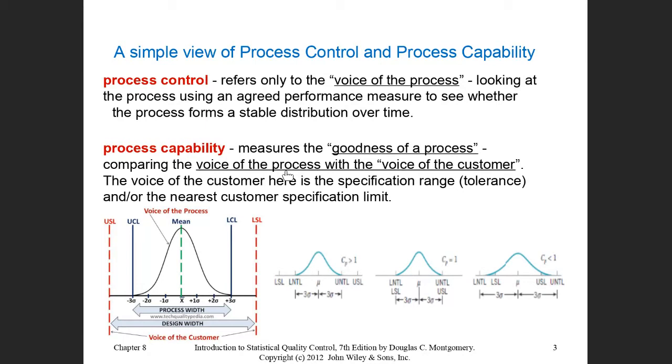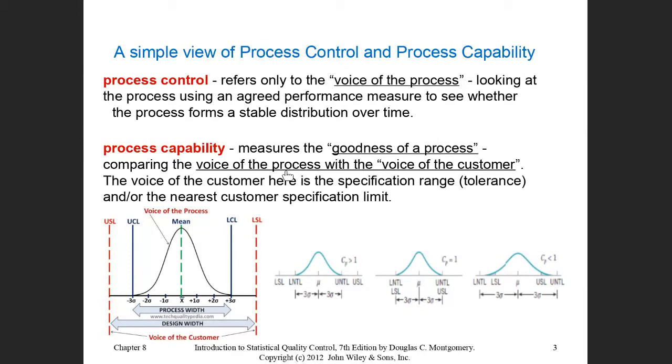If it is variable, then we use the X bar, X bar R or S chart. If it's attribute, then we use the P chart, C chart or U chart. And for those charts, we don't consider the voice of the customer. We look only at the variation with the acceptable performance based on the formula for each type of control chart we have studied in chapters 6 and 7.